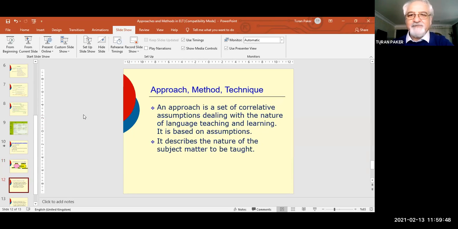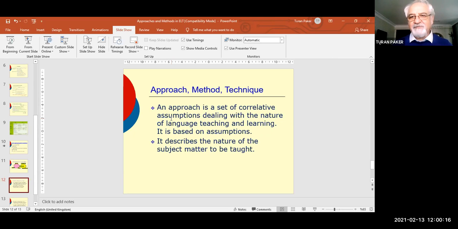And what's an approach, what's a method, what's a technique? There is a distinction between them. An approach is a set of correlative assumptions dealing with the nature of language teaching and learning. So approach is something theoretical, okay? It describes the nature of the subject matter to be taught. When we talk about the communicative approach, it means whatever we do in the classroom, we do for the purpose of communication.